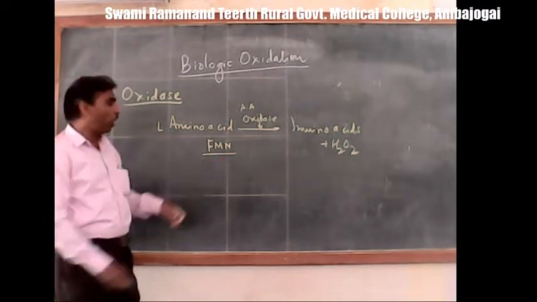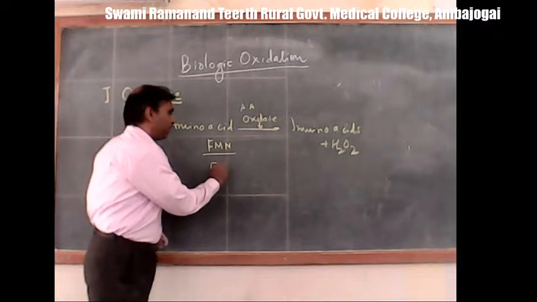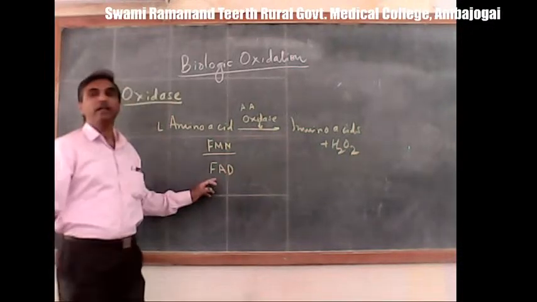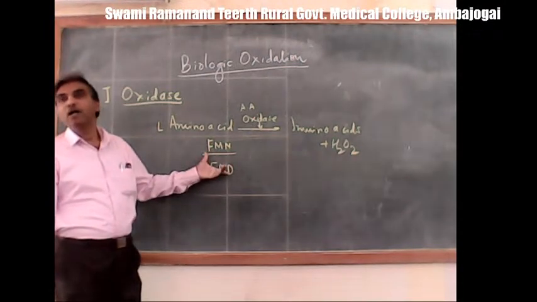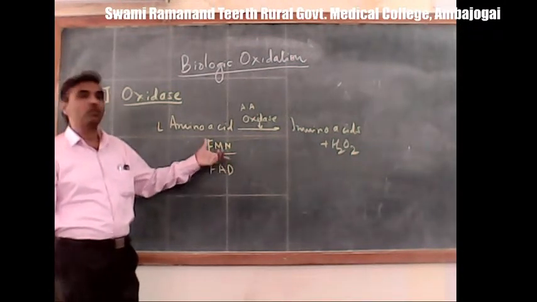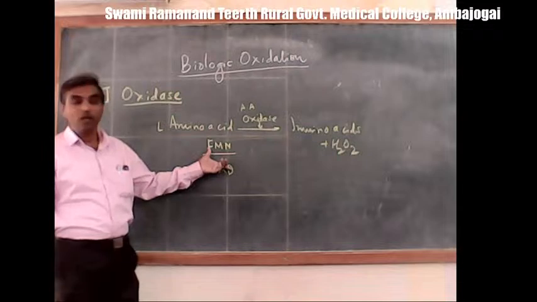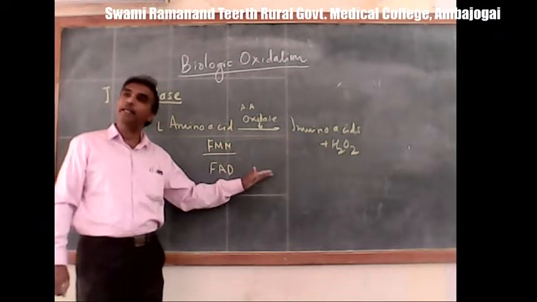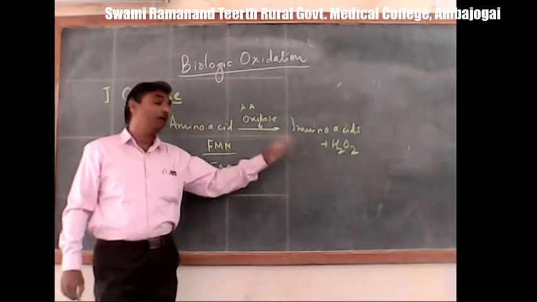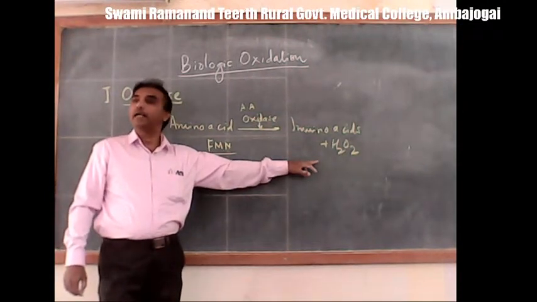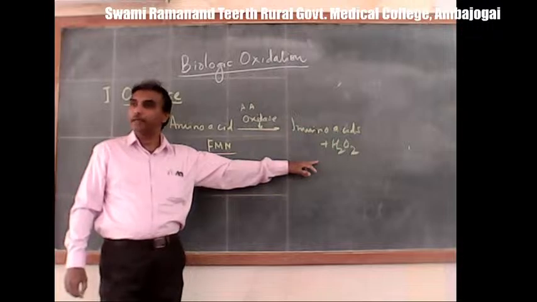Or it requires FAD, flavin adenine dinucleotide. So these are flavoprotein containing oxidases. The final product through FMNH2 or FADH2, then they are converted to the keto acid and hydrogen peroxide is liberated.